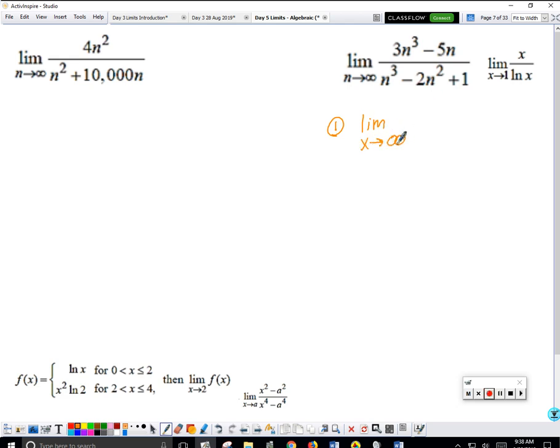Which it is in this case. And if it is a limit as x approaches infinity, what you're going to do is compare terms, I guess terms that are being added.